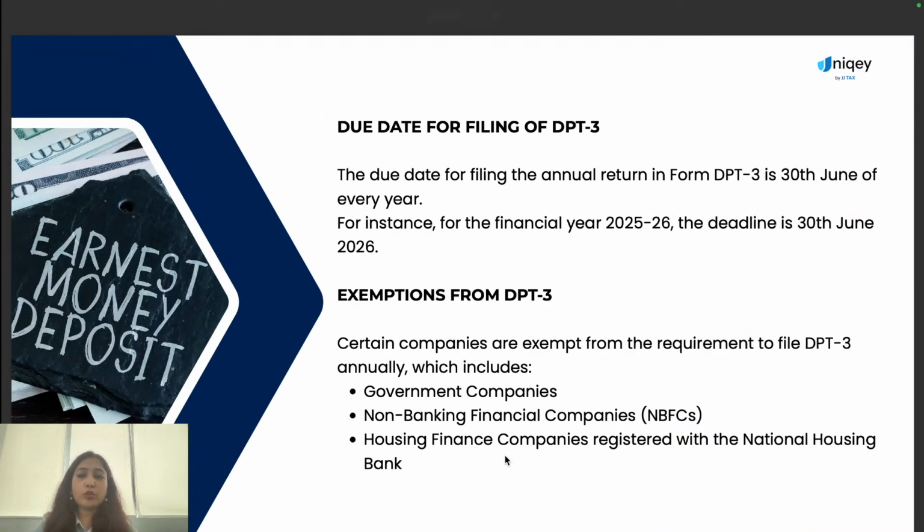So we have to report both, and if the transactions qualify, we have to file the DPT-3. There are some exemptions from the DPT-3: certain companies, such as government companies, NBFCs and housing finance companies, are not required to file it.